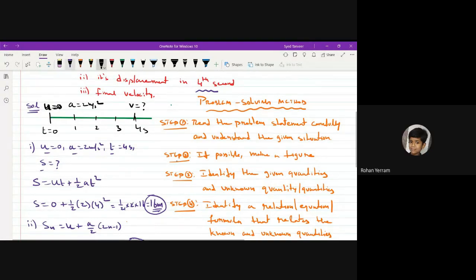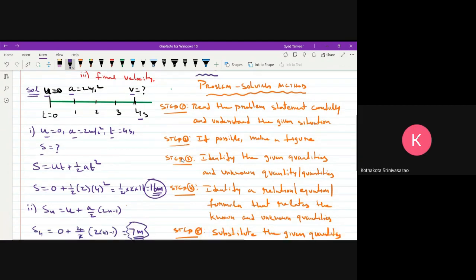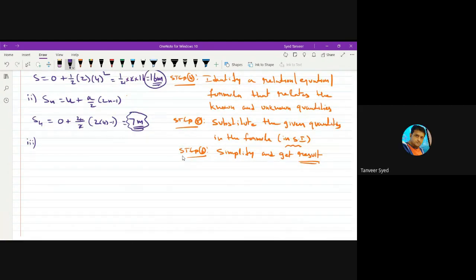We have u, we have a, we have time, and we want v. u, v, a, t are related by the first equation, v equal to u plus at, which is 0 plus acceleration 2 into time 4, 8 meter per second. So its velocity will be 8 meter per second.